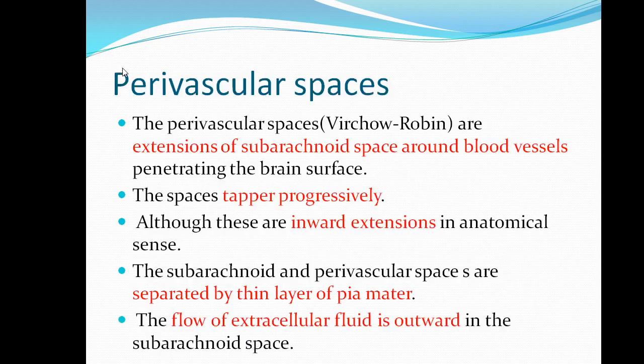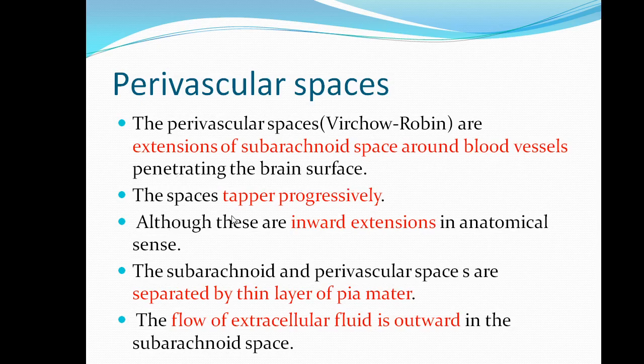Then perivascular spaces. The perivascular spaces, also known as Virchow-Robin spaces, are the extensions of subarachnoid space around blood vessels penetrating the brain surface.